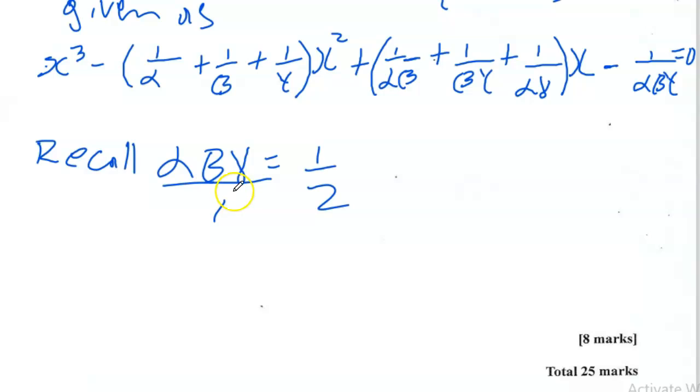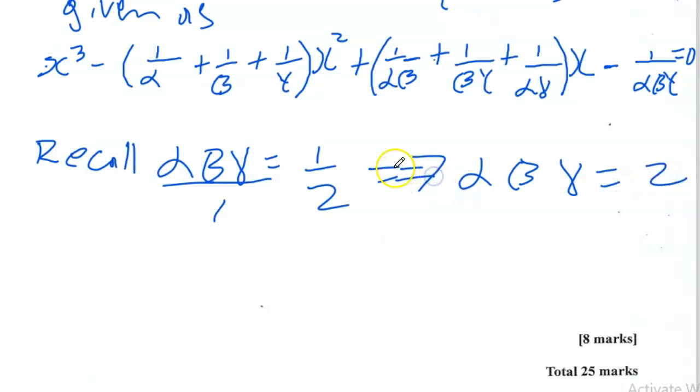If we reciprocate both sides, it means that 1 over alpha beta gamma is equal to 2 over 1, which is 2. So we can reciprocate both sides and get that.